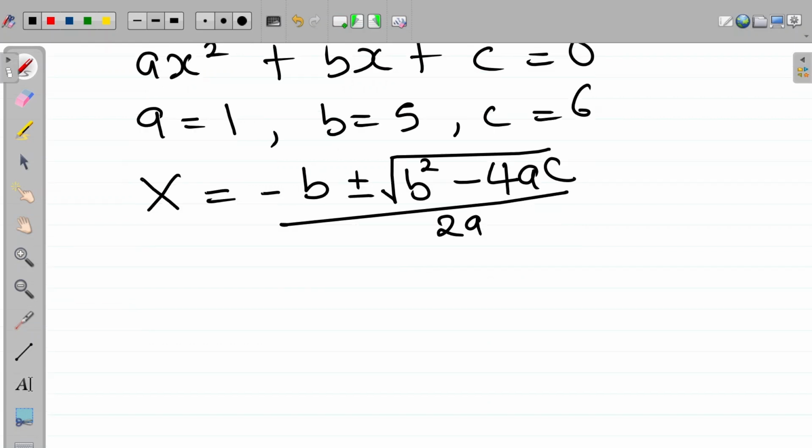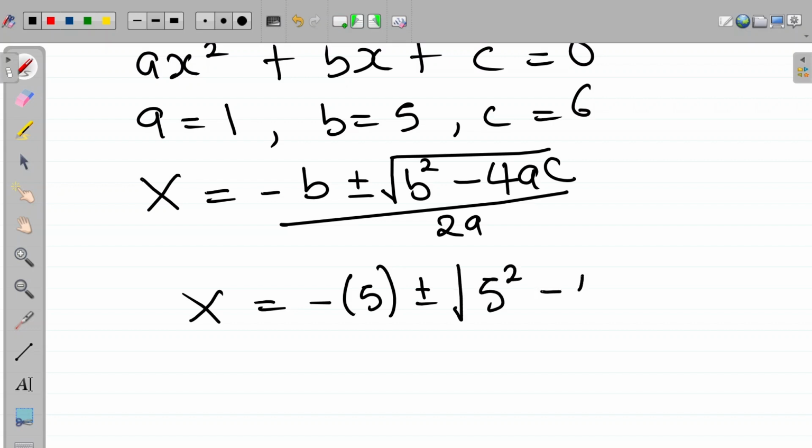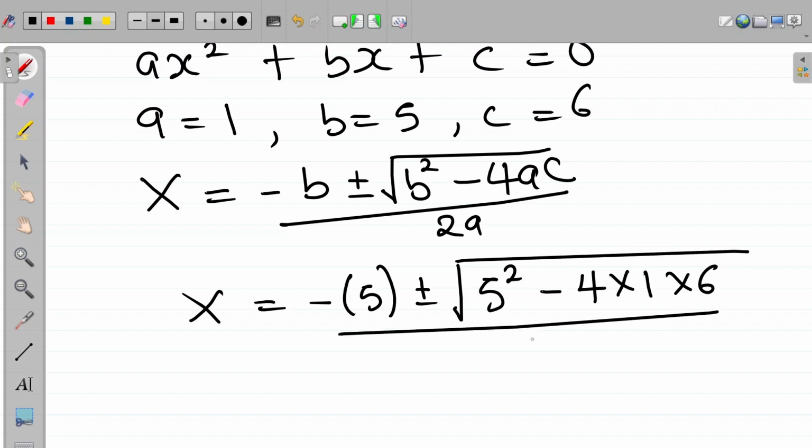So if we substitute our values, we have that x is equal to minus b, which is 5, plus or minus the root of 5 squared minus 4 times a, which is 1, times c, which is 6, all divided by 2 times 1.